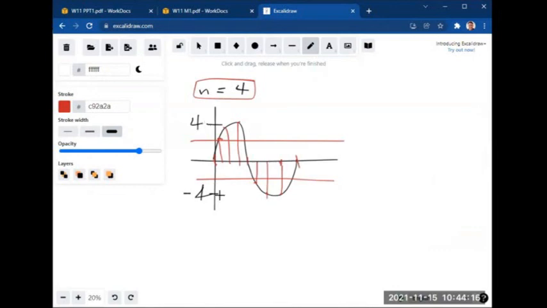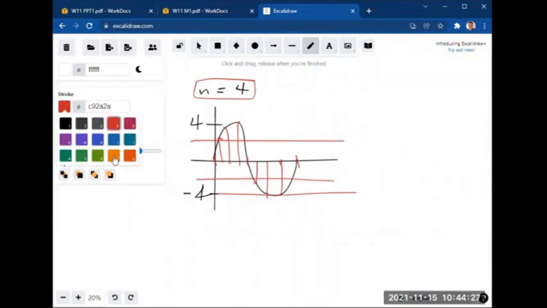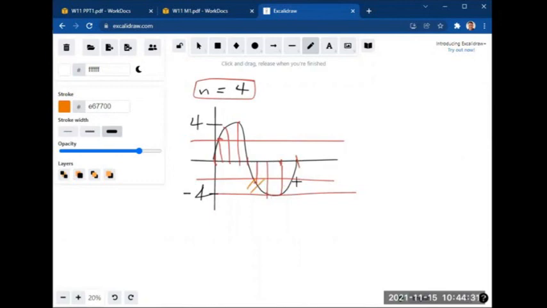Okay. So what happens here is all of the values in this area will fall to this voltage value.